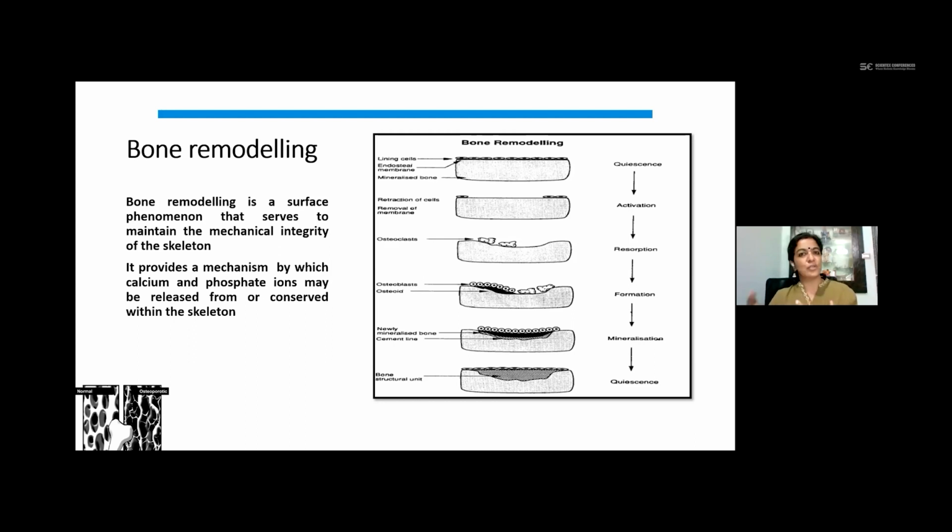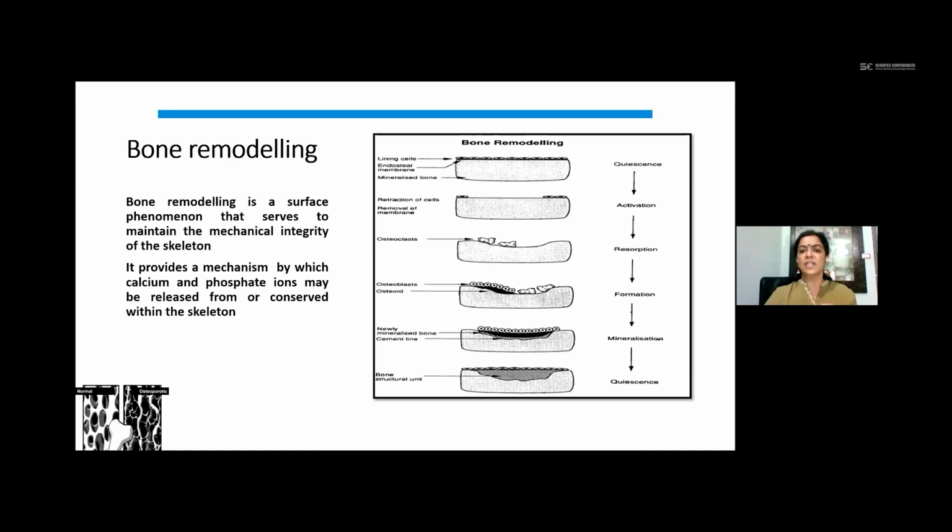We know that osteoclast, osteoblast, and osteocyte cells are on the bone surface, and they are in the quiescent phase, a very silent phase. They won't be activated until the signal comes from the brain. Whenever there is a deficiency of calcium in the blood, the signal from the brain comes to the bone, and the quiescent cells, as you can see in the diagram, get retracted from the surface.